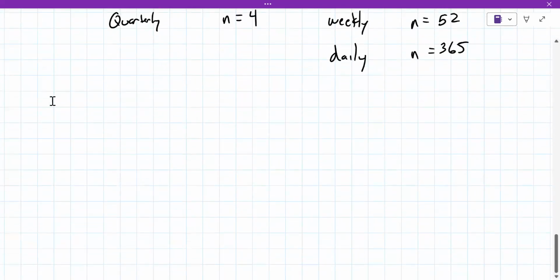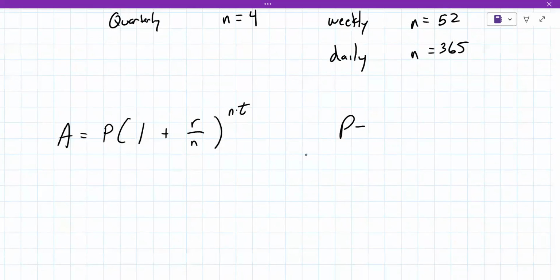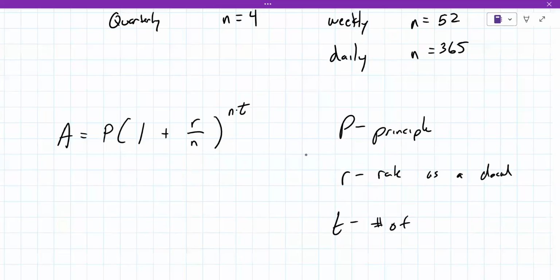Some of the other things do not change in this formula. N is the number of compounding periods. P is still the principal, that's what you start with. R is the rate as a decimal. T is the number of years.